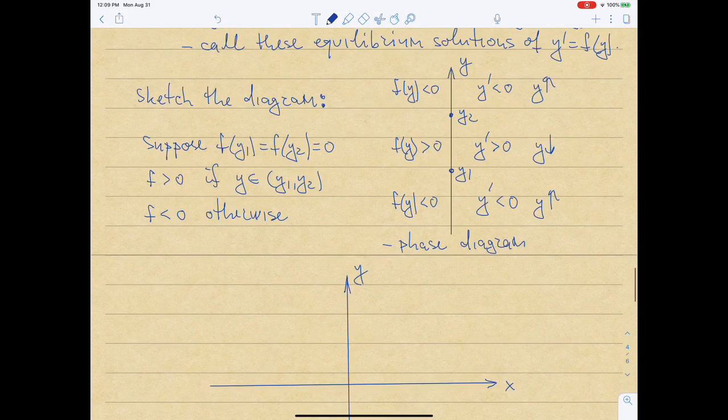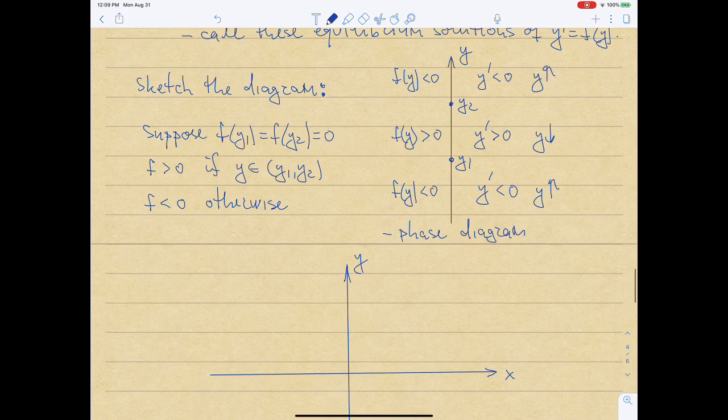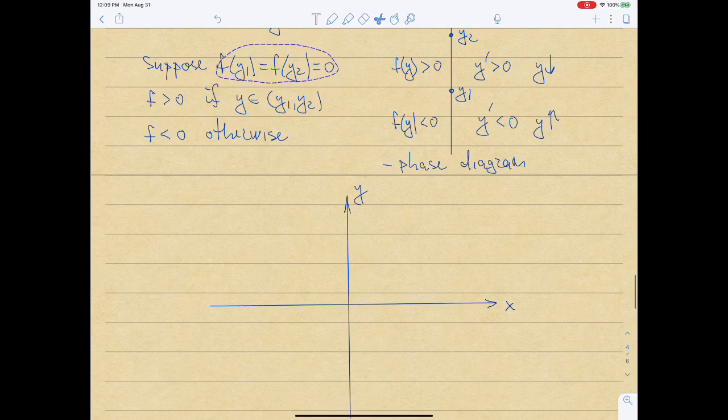We know that f of y1 and f of y2 is equal to 0. So that means that both y1 and y2 are equilibrium solutions, right? So let's note that fact here: y1, y2 are constant equilibrium solutions.